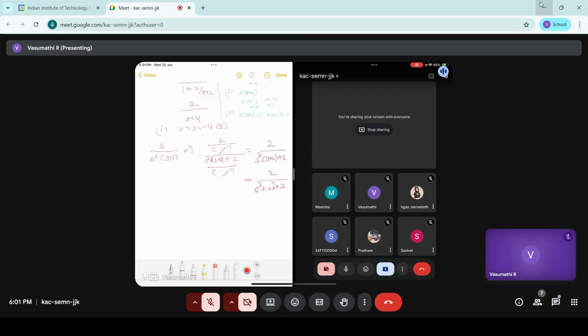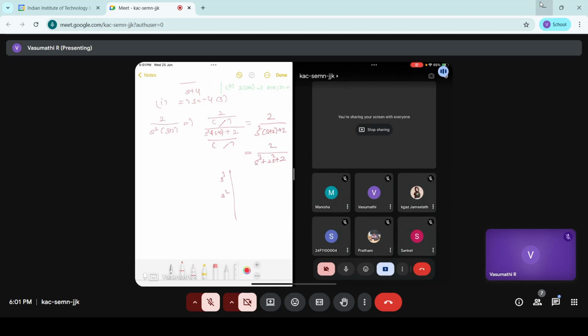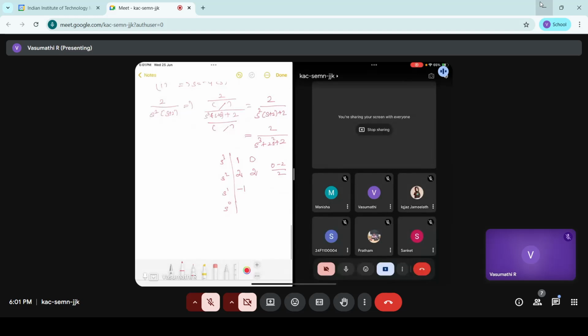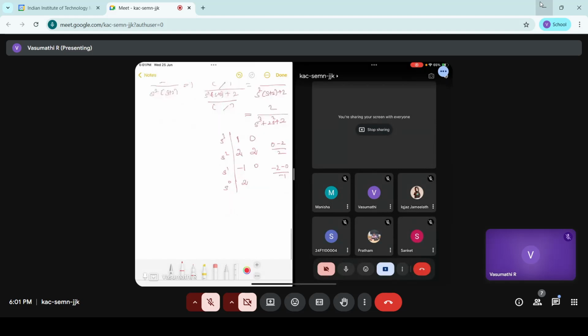If I write the Routh-Hurwitz table for this, s cube, s square, s power 1, s power 0. Odd terms first: 1, 0. s power 1 is not there, s square will be 2, 2. Then this will be 0 minus 2 by 2 minus 1, this will be minus 2 into minus 0 divided by minus 1, this will give you 2, right?